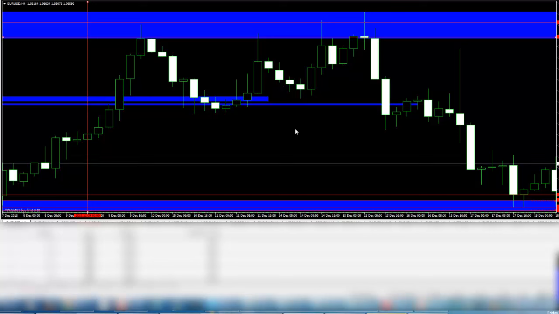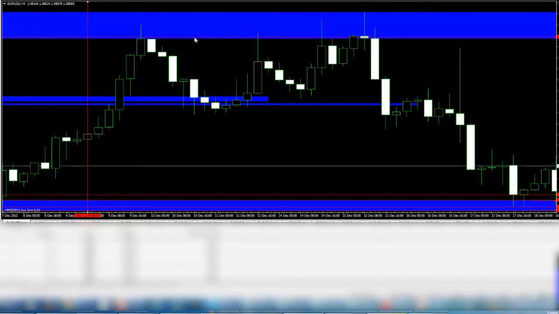You want to take the trade assuming it will go out of the zone as a rejection, not as a continuation. So, for instance, if price was here, let's get rid of some lines here and make this a little cleaner, right?